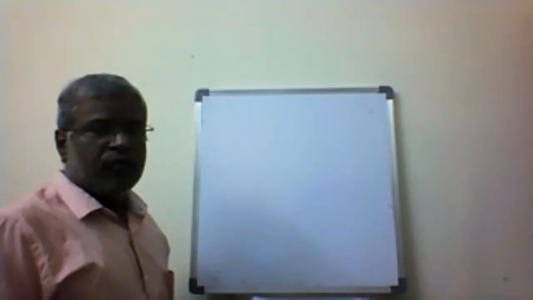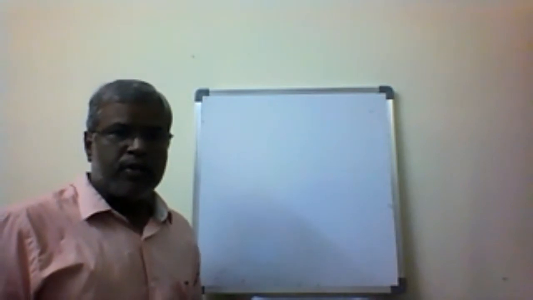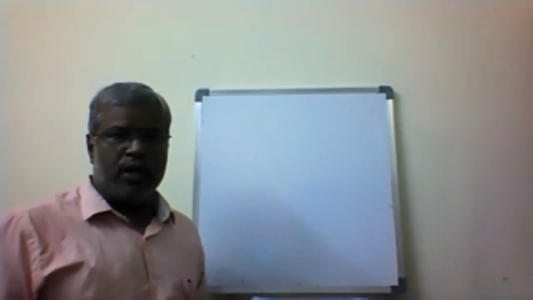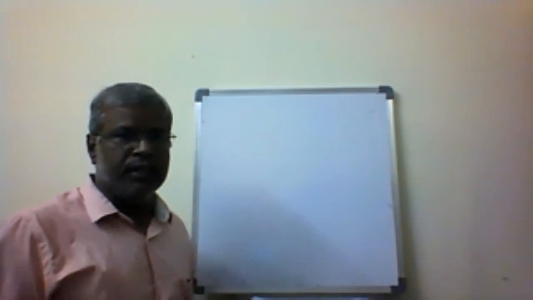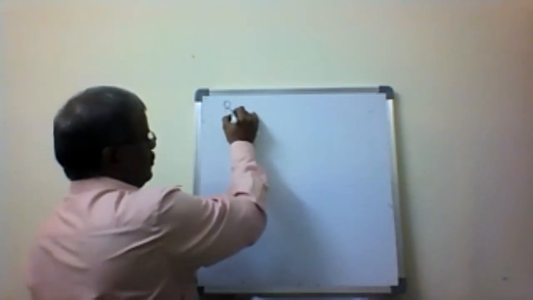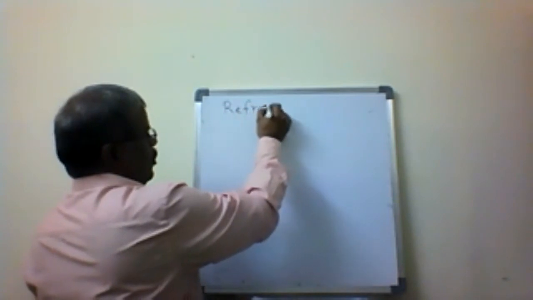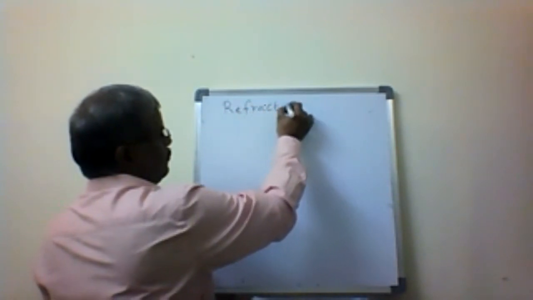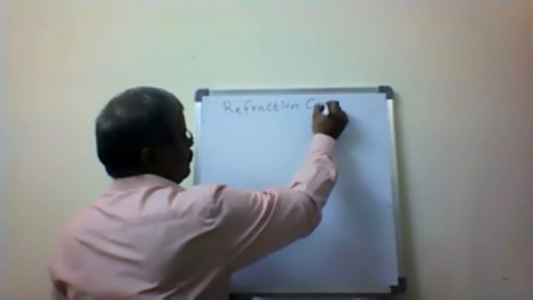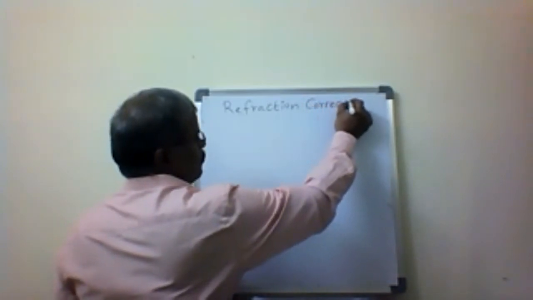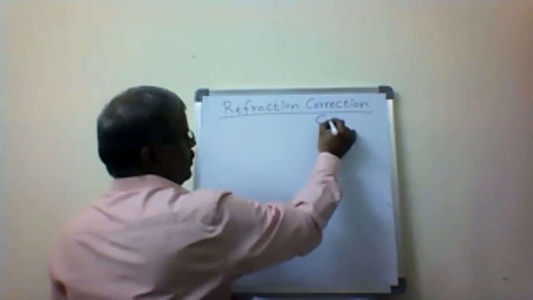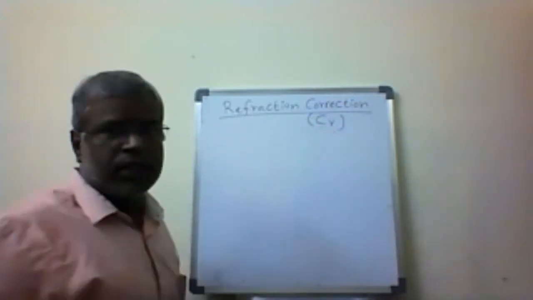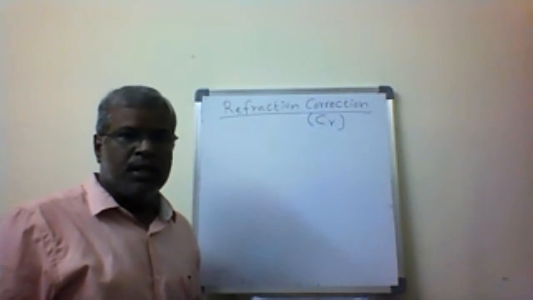Next, after understanding the magnitude of the curvature correction, there is another correction to be applied for long sides, called refraction correction. We call this CR.